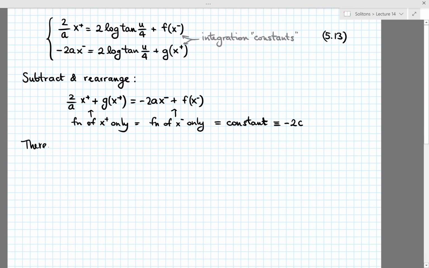Therefore, to summarize, we find that f of x minus is equal to 2a x minus minus 2c, and similarly g of x plus is equal to minus 2 over a x plus minus 2c.